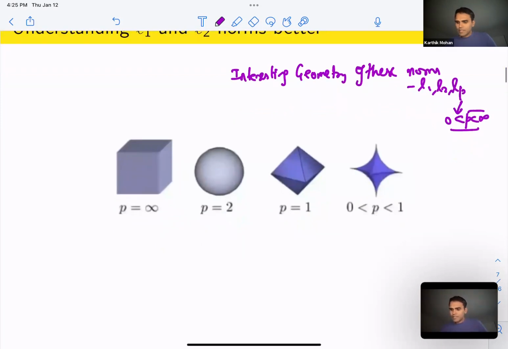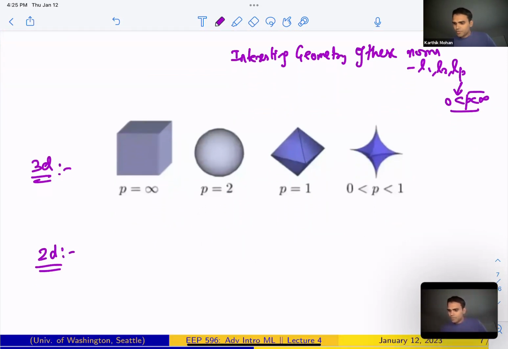So this is in 3 dimensions. Let's look at 2D to begin with. So if p equals 2, the set of all points in 2 dimensions such that the 2-norm is less than, let's say, 1.